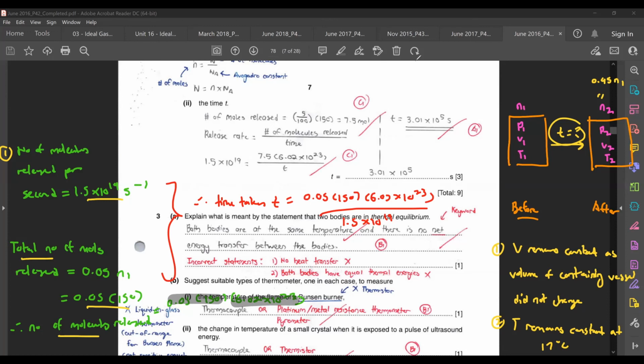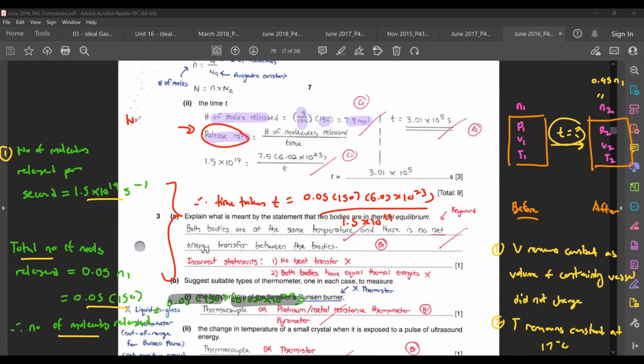The working that I wrote here is actually kind of the same, but somehow people don't seem to get it as much. Here, the number of moles released is 5% of 150, 7.5 mole. My release rate, meaning the number of molecules released per unit time, I think this is the issue that's causing the misunderstanding for most people.